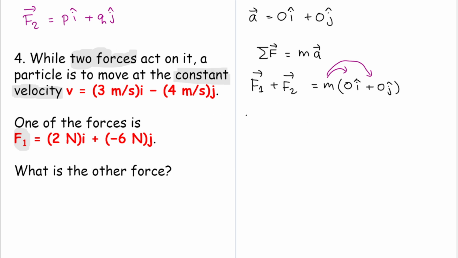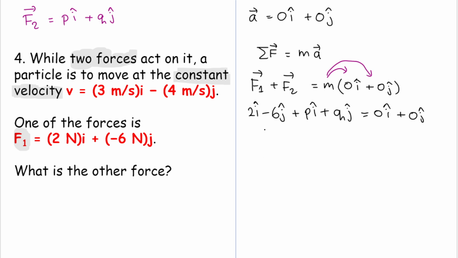We will have F1, that will be 2i minus 6j, right? But then F2 is this one here, so I will have Pi, and then plus Qj. Good, and distributing this, m times 0, remember, although we don't know m, everything multiplied by 0 is 0. So we have 0i plus 0j.